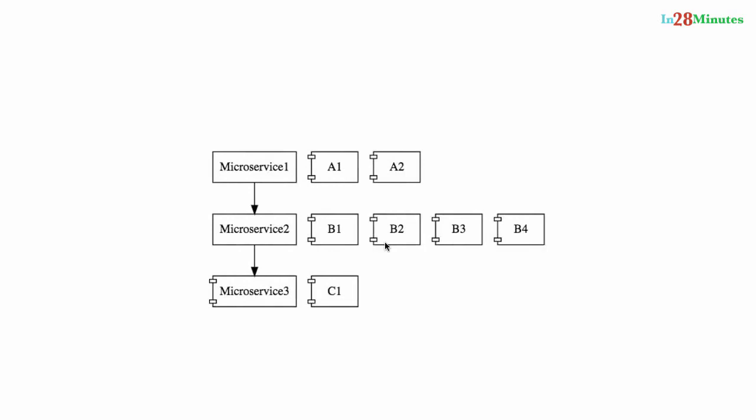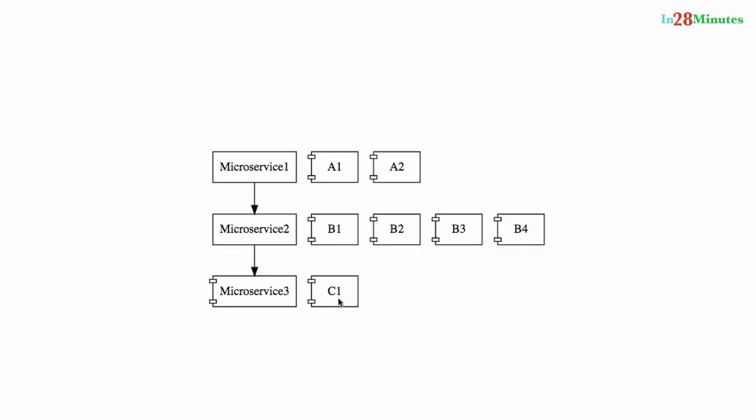That means I would be able to have multiple instances for each of these microservices. For example, we are looking at the diagram of a production deployment for a set of microservices. You can see that at this moment there are 2 instances of microservice 1, 4 instances of microservice 2, and 1 instance of microservice 3.